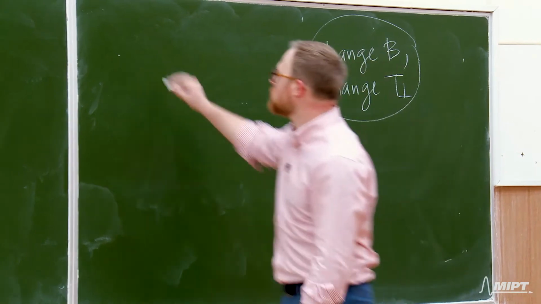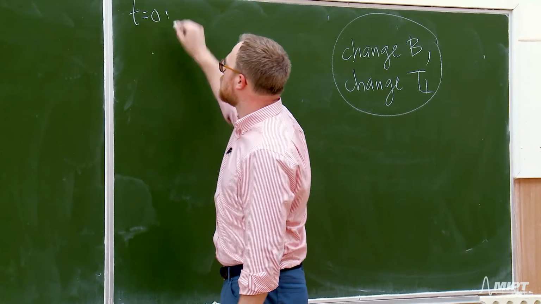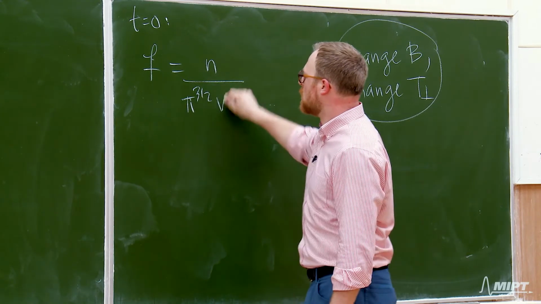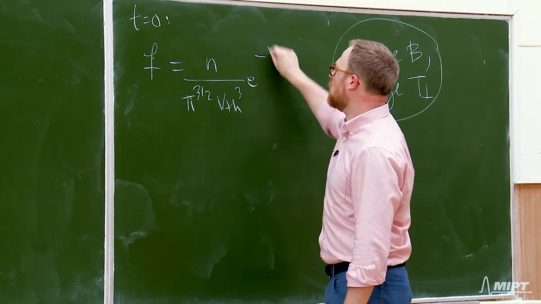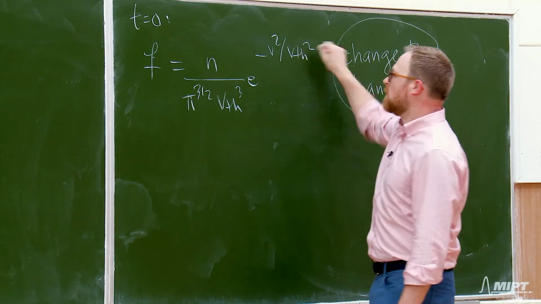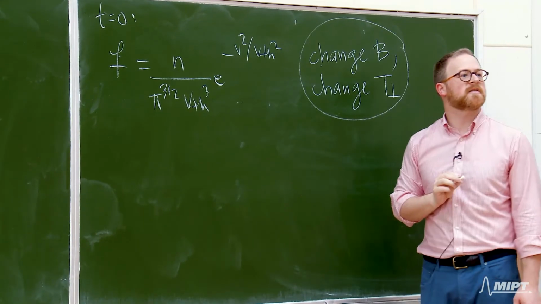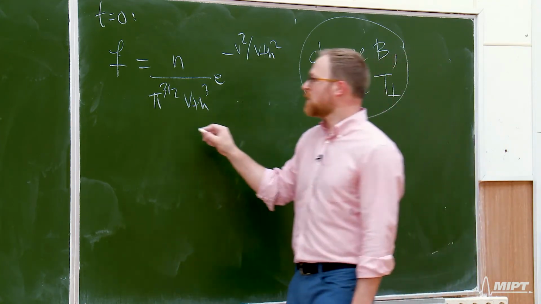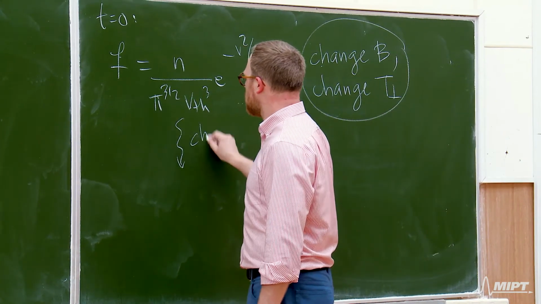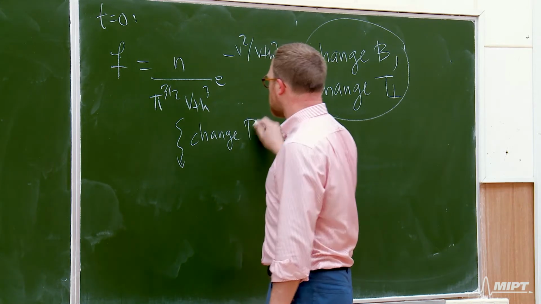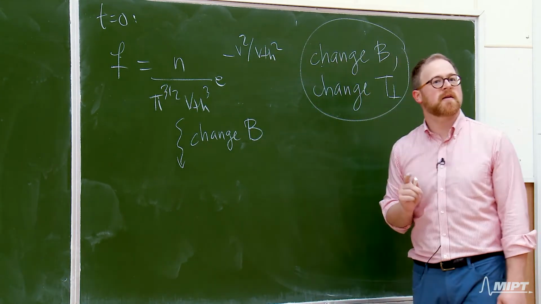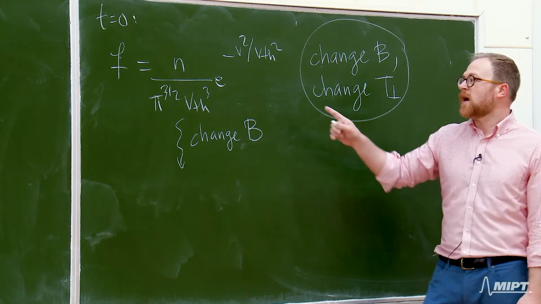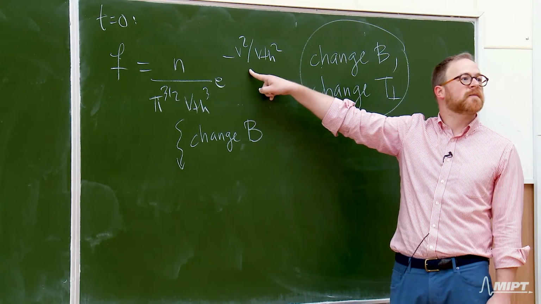So suppose at t equals 0, I have a distribution function which looks like that. It's just a Maxwellian with some normalization. And if I change the field strength and I keep these adiabatic invariants, it's not going to look like this anymore.